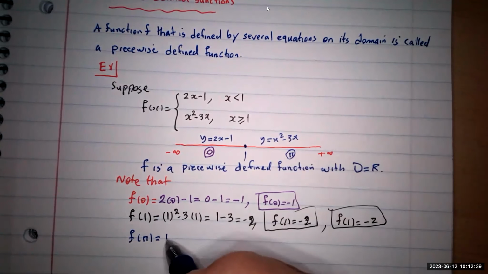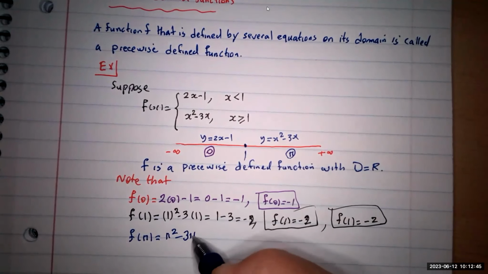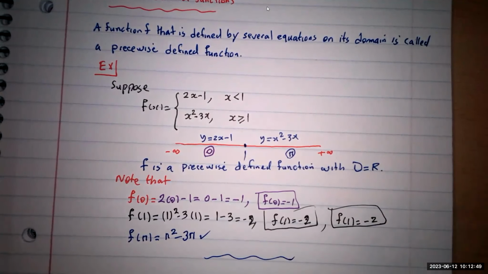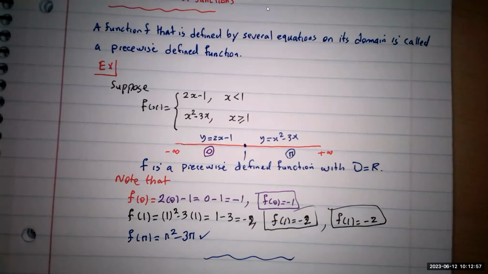The result is going to be pi squared minus 3 pi. Then you can use your calculator to find it. So be prepared to understand how we're going to operate with this type of function. Any question?